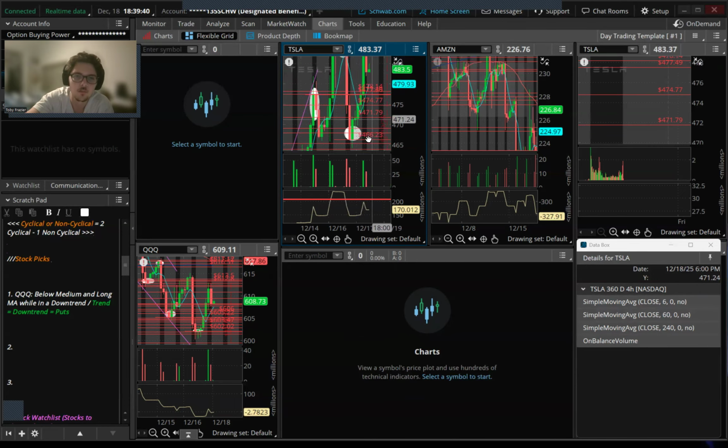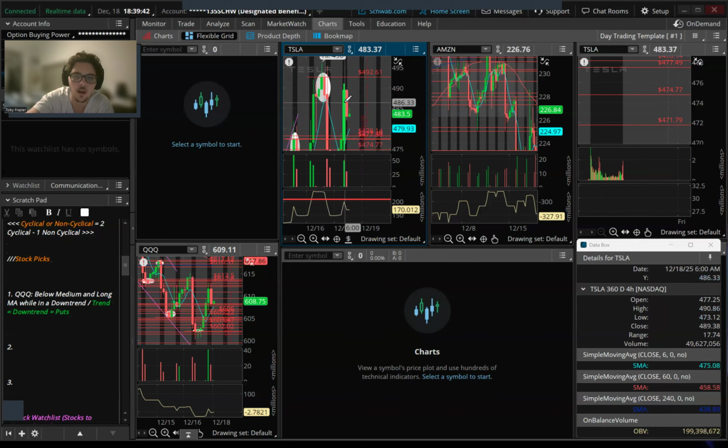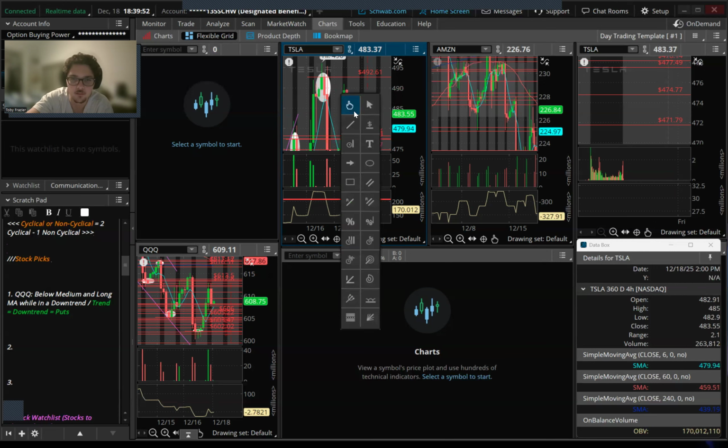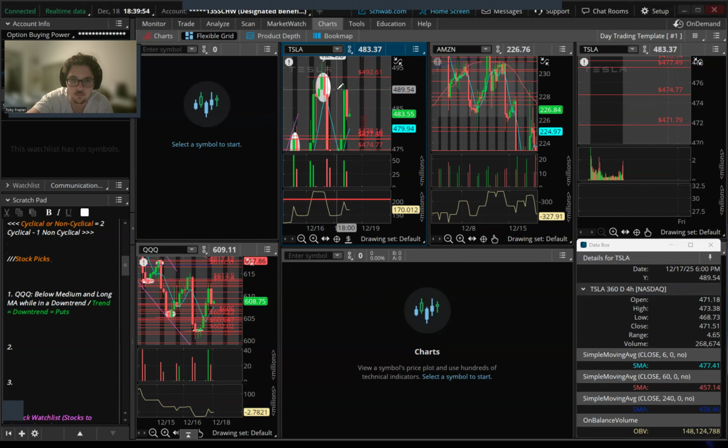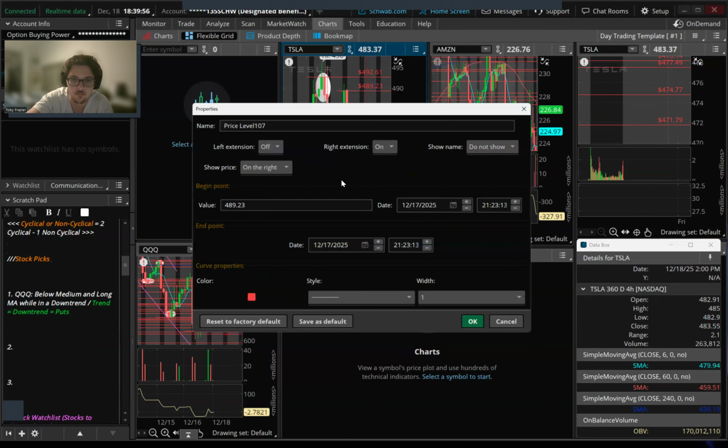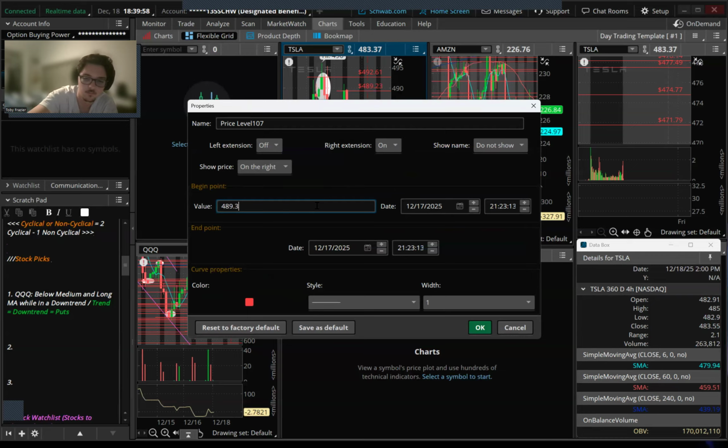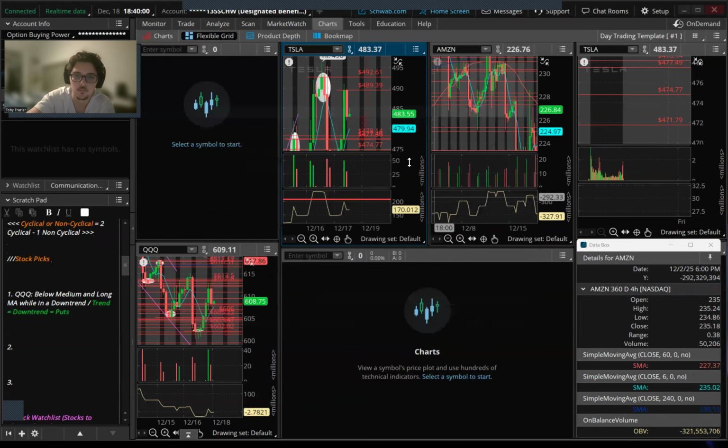And let's see it close at 38, open at 39. Close at 489.38, and then open at 39.